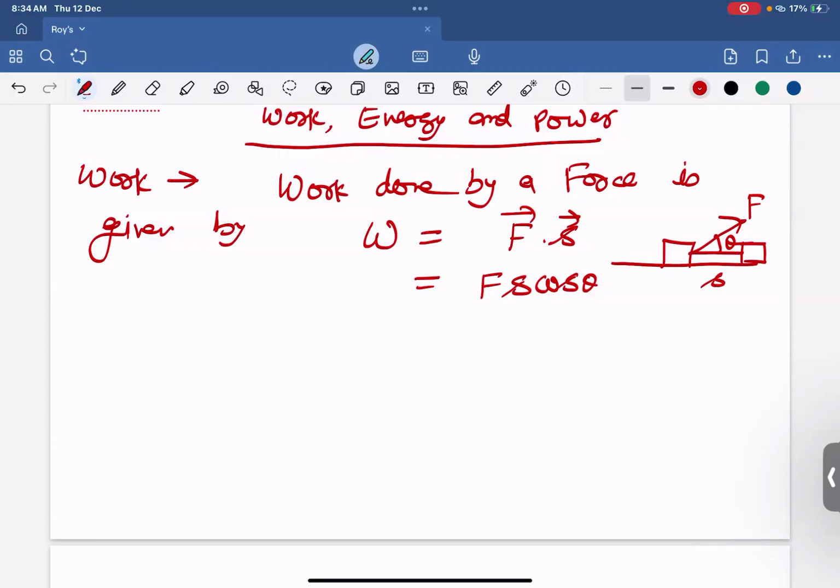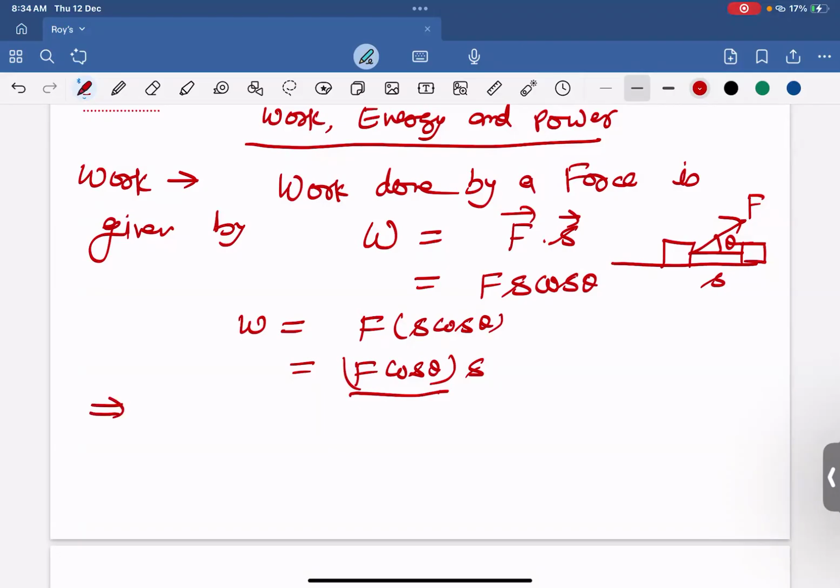So work you can also write as F multiplied by S cos theta, or F cos theta multiplied by S. That means either you take the component of displacement in the direction of the force, or you take the component of force in the direction of displacement. Then you multiply them, and you get the work done.